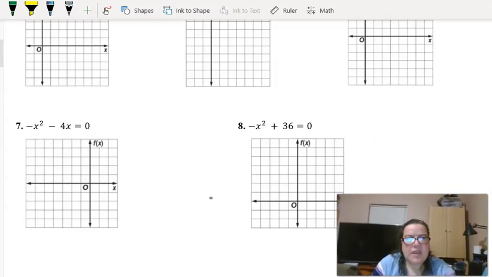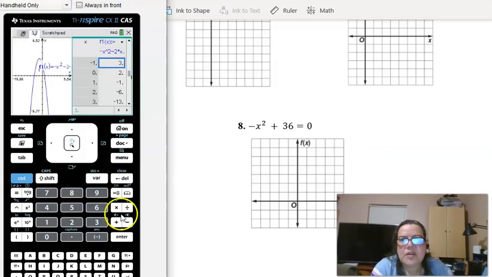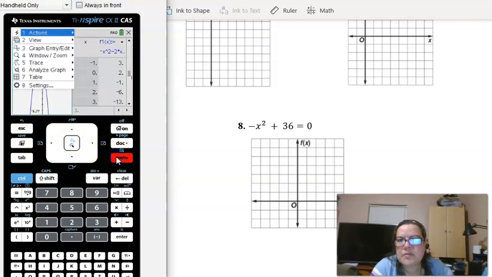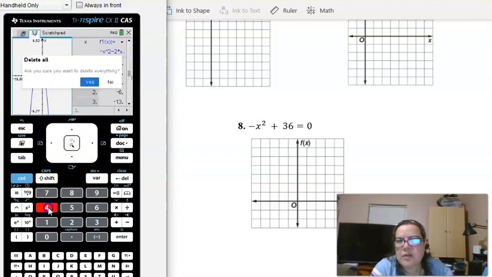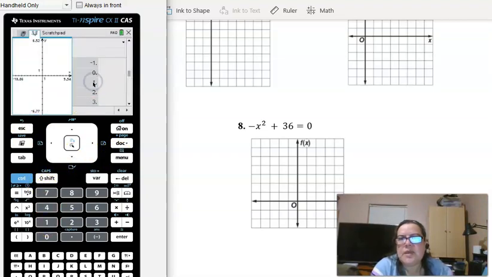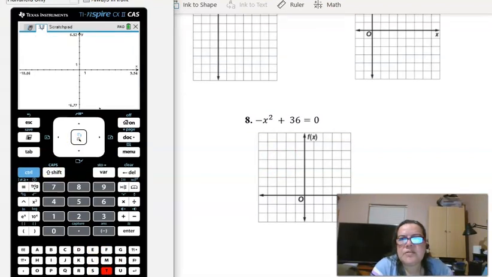I'm going to go to the calculator, and just to show you, if we were to punch it into any calculator, what would it look like? So let me go ahead and menu, let me clear that. Action, delete all. Yes. Okay, so let me get rid of the table, Control T, that way we can just focus on the graph.